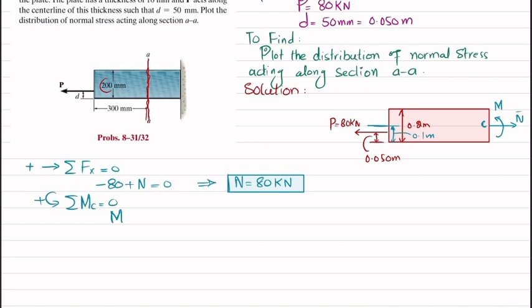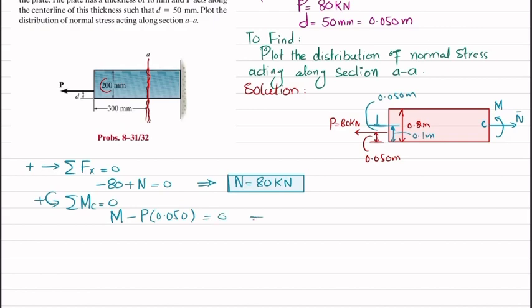So this distance will also be equal to 0.050 meter. So P into P is this one, and perpendicular distance is this one. Clear? Because C lies at that point, and it is producing clockwise moment, so it will be negative. So I will write minus P into 0.050 is equal to 0.